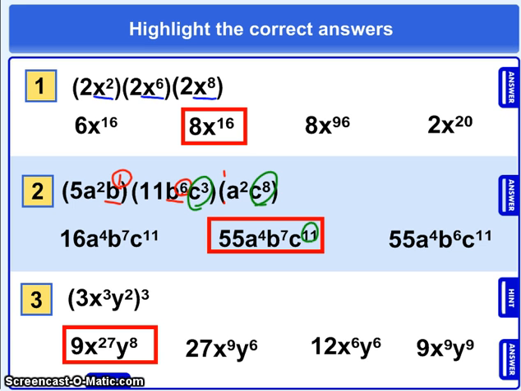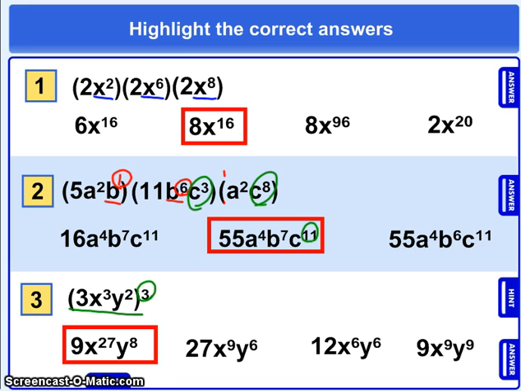Option number 3 here for the examples, this is just checking to see, do you recall or recognize what this outside 3 really means? What that outside 3 really means is that we've got 3 of the parentheses being multiplied together.